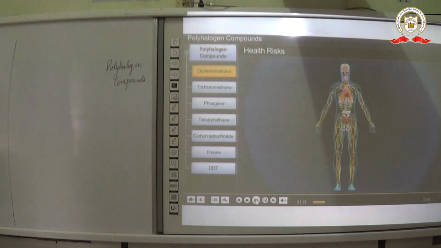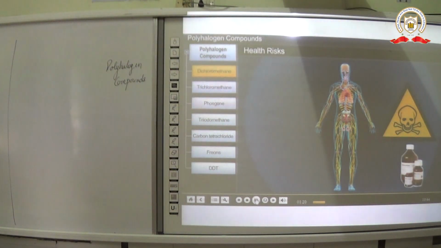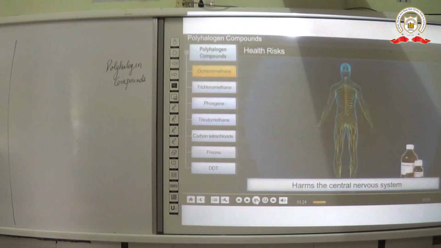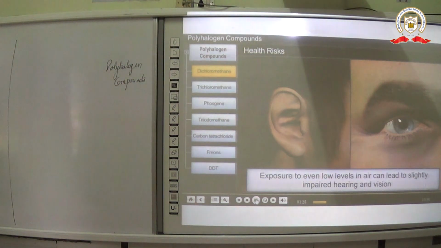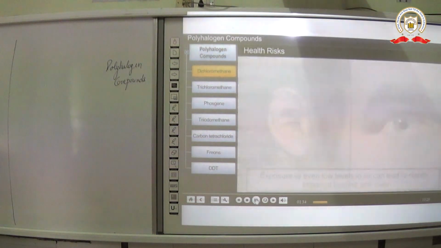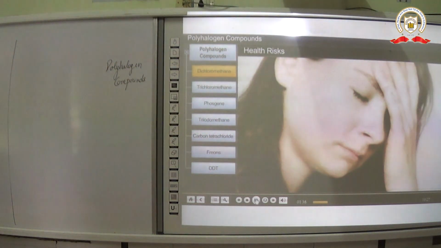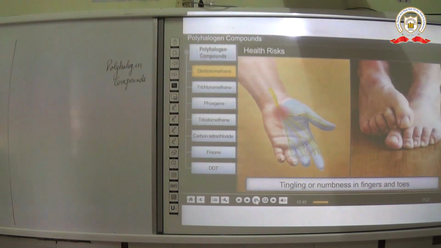There are some very rare human health risks associated with exposure to dichloromethane. It harms the central nervous system. Exposure to even low levels in the air can lead to slightly impaired hearing and vision. Exposure to higher levels may cause dizziness, nausea, and tingling or numbness in the fingers and toes.